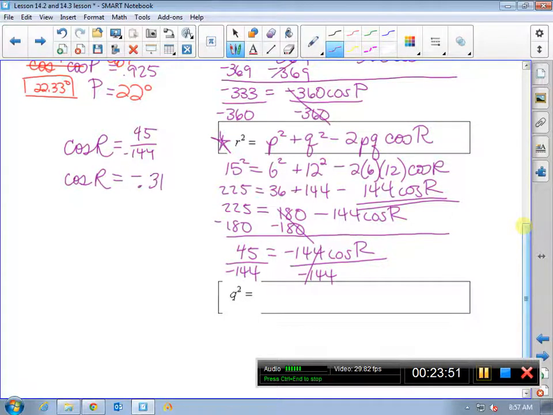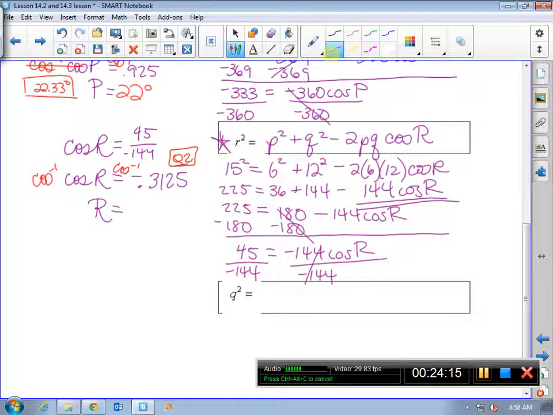Negative 0.3125. Don't lose that negative. And then do your second cos. Remember that negative for a cosine means we're going to get a quadrant 2 angle. If you put the negative in your QRS, you'll get the actual quadrant 2 answer.